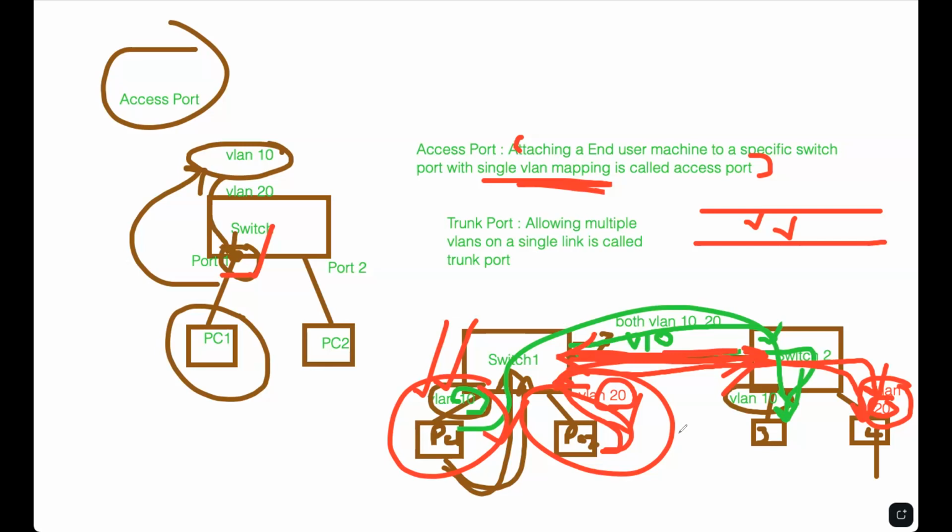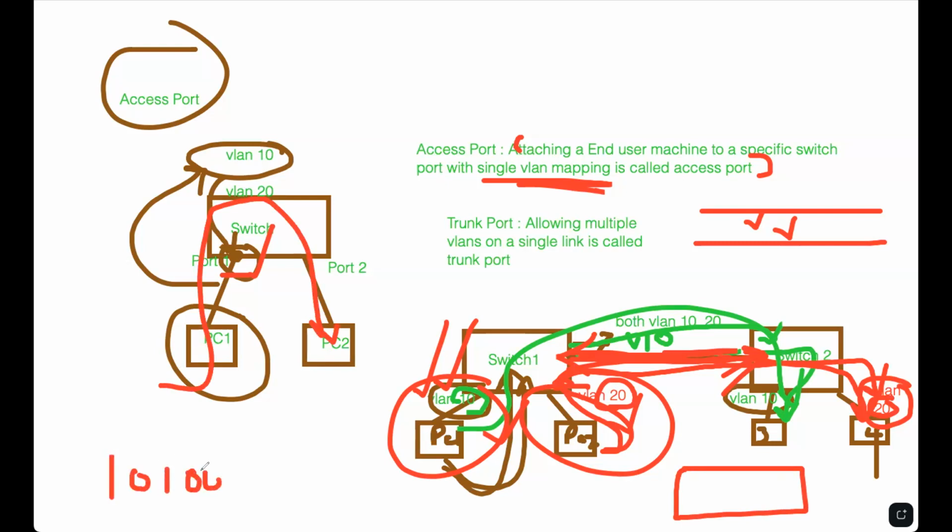No, it is not a name. If you look at the Ethernet frame, we talked about ones and zeros, right? Let's say the frame that you are trying to send from here to here is all ones and zeros at the end of the day. For those ones and zeros, you are attaching one more set of ones and zeros, which will have a tag of 10.